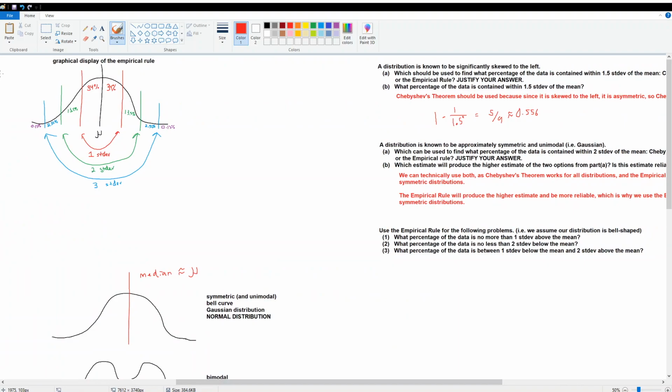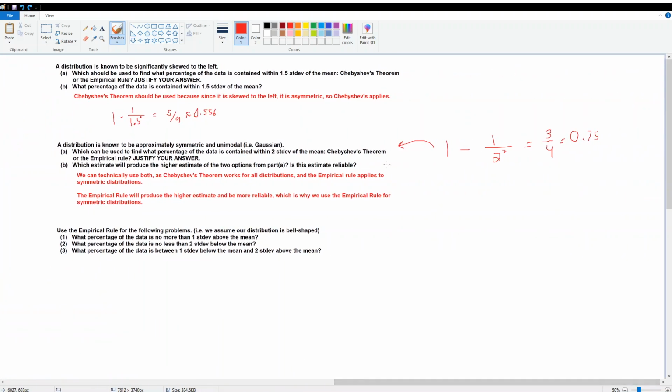Using the graphical display, 34 plus 34 plus 13.5 plus 13.5 is 95. And so here we have 95% or 0.95. This is why we use the empirical rule for the symmetric distribution, because the empirical rule will produce the higher estimate. And since they're both reliable, we take the higher one that gives us more information.